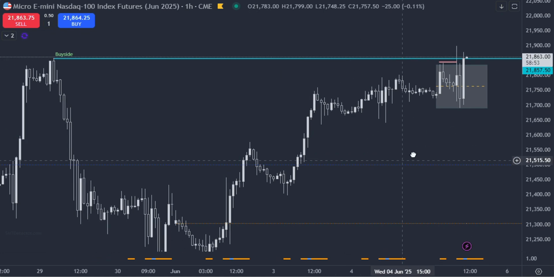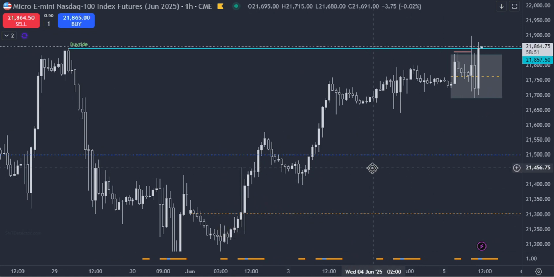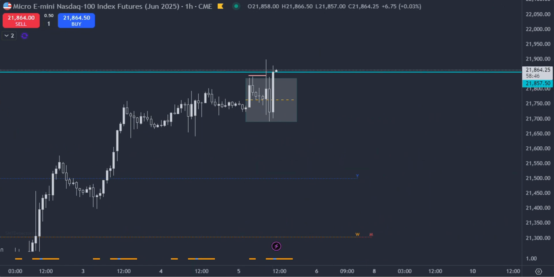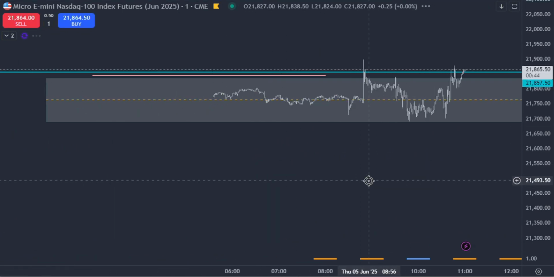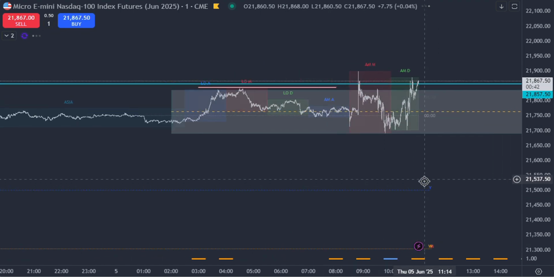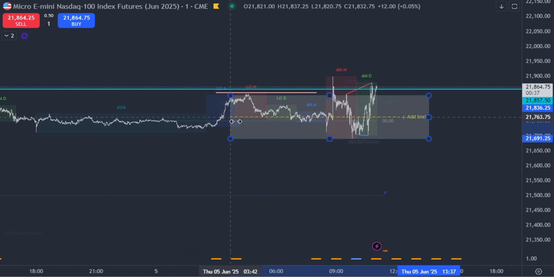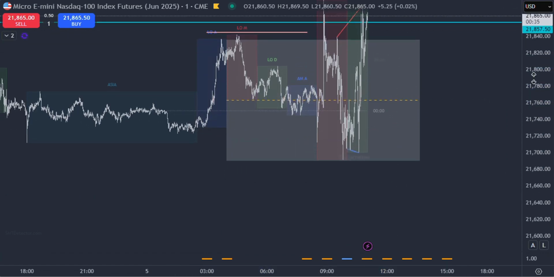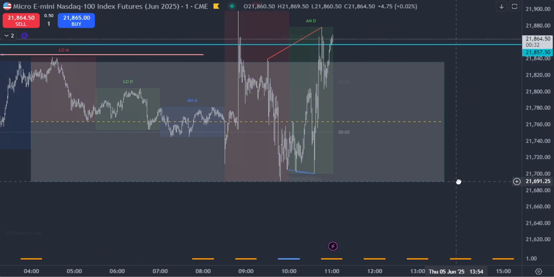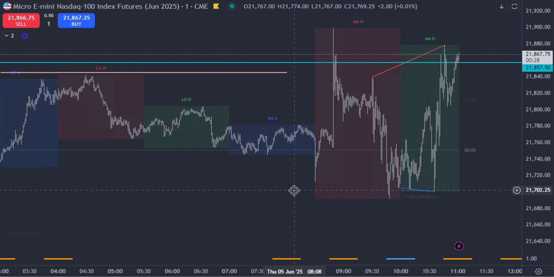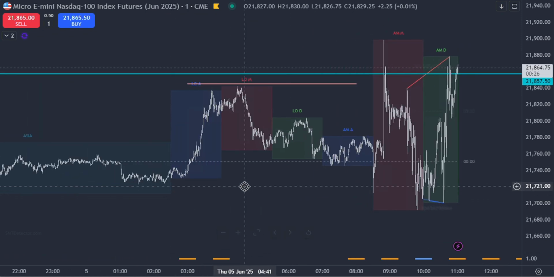Because we know the market's moving up right now. Now I'm going to change to the 1 minute time frame so you can see and understand. This is the hourly time frame that we looked at. So as you can see, we swept all of this liquidity here.